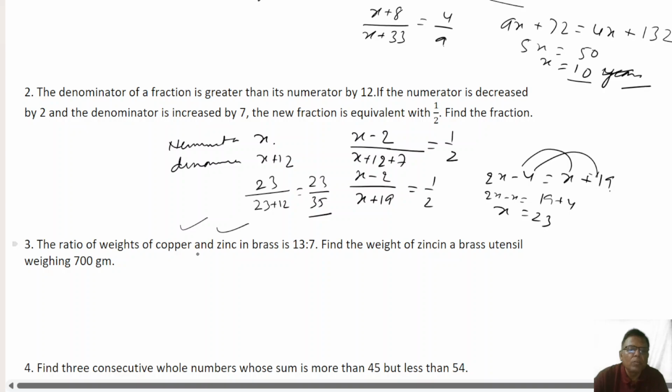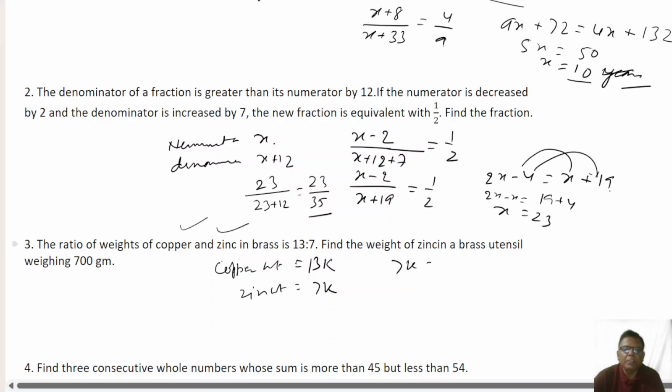So the weight of copper and zinc, you can take K as a proportionality constant. Copper weight will be 13K and zinc weight will be 7K, and the weight of zinc in the utensil is 700 gram.